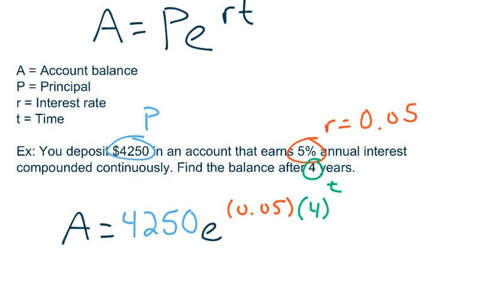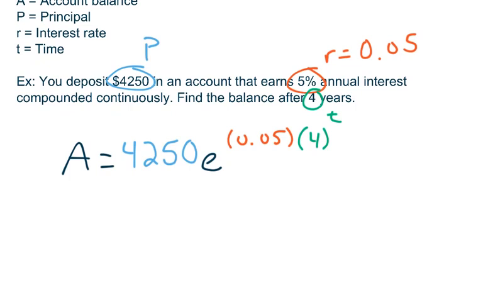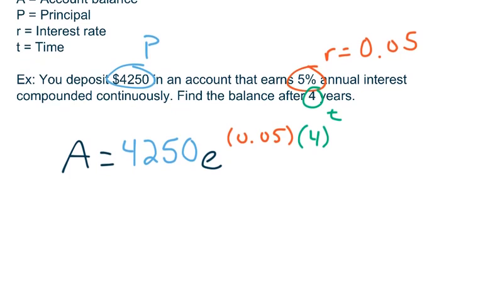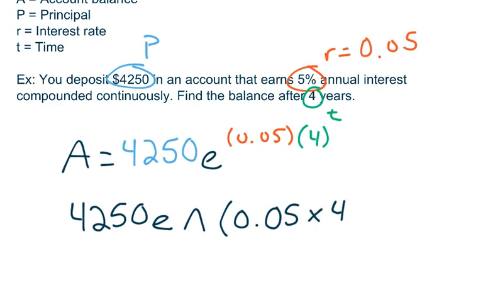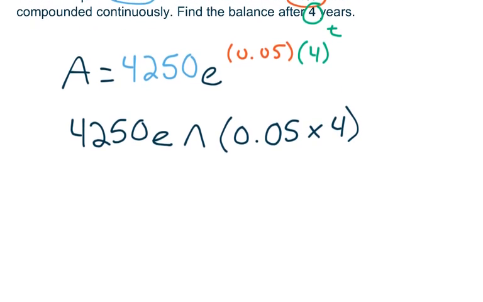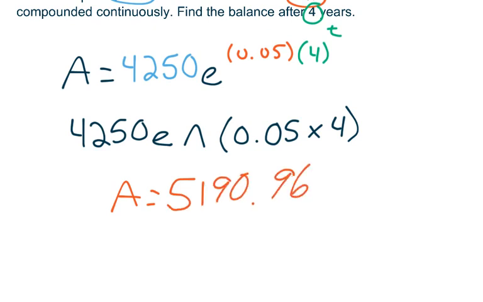If you've got an older calculator, one of the yellow ones or the squarer black ones that you borrowed from me, you'll have to type this in probably with some parentheses, as in 4250 e, and then exponent button, parenthesis, 0.05 times 4 power. When you do that, you should get an answer somewhere in the neighborhood of $5,190.96.